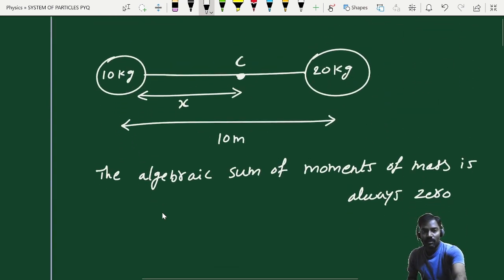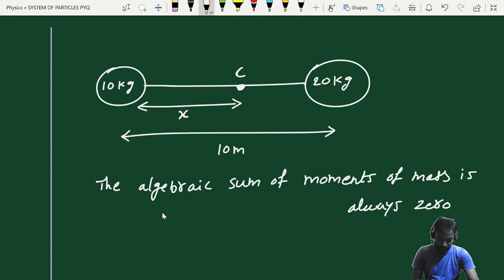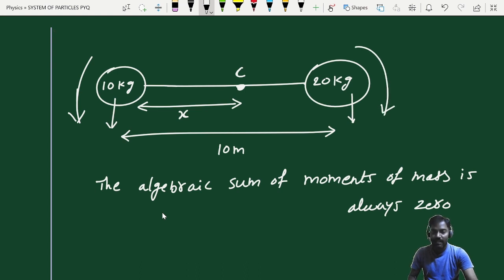See here, the 10 kg block is producing anti-clockwise moment. Because of the 10 kg weight, it is able to turn in anti-clockwise direction, and the 20 kg mass provides clockwise moment.